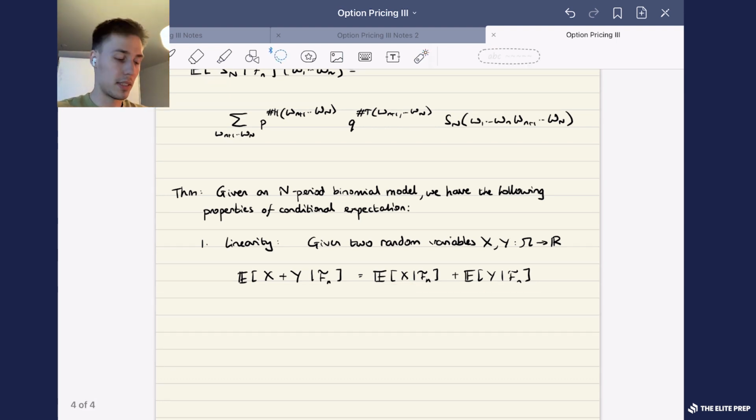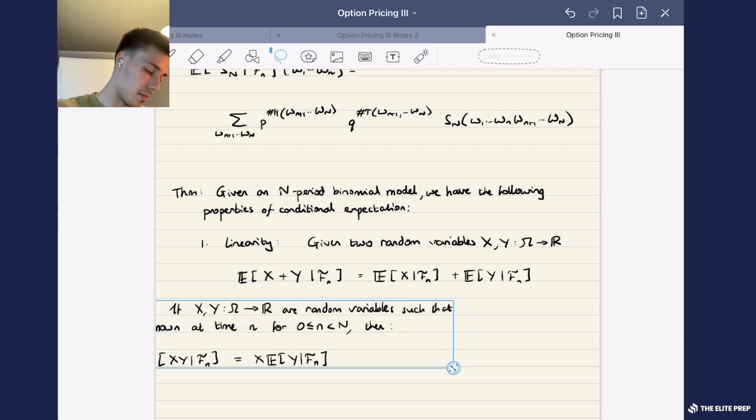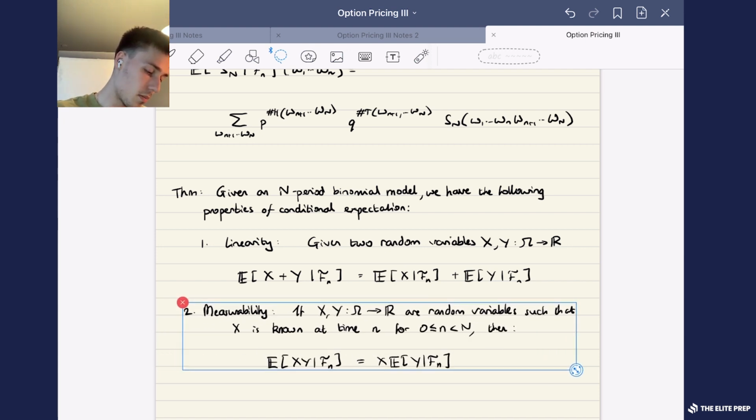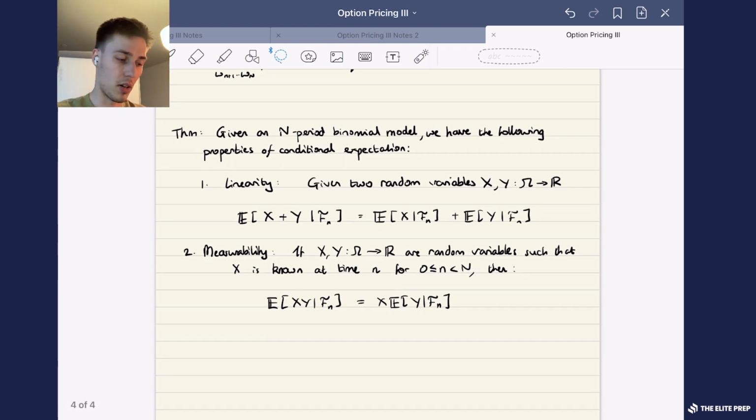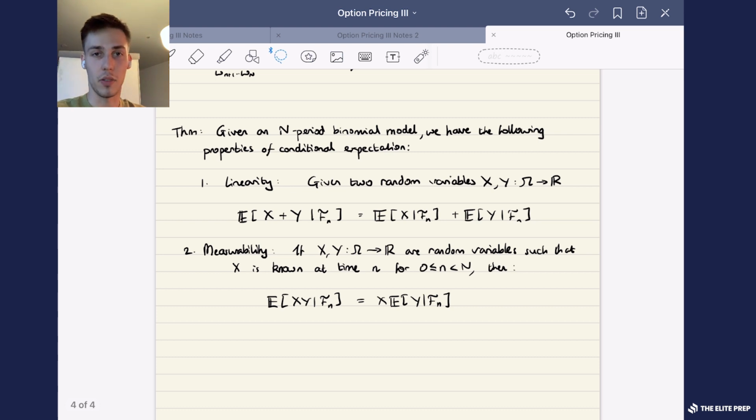The second part of this theorem is measurability. So again, if you have two random variables, X and Y, acting on the probability space of these coin throws, then the expected value of X times Y conditioned on the filtration at time n is equal to X times the expected value of Y given the filtration at n, if X is known by the filtration at time n.